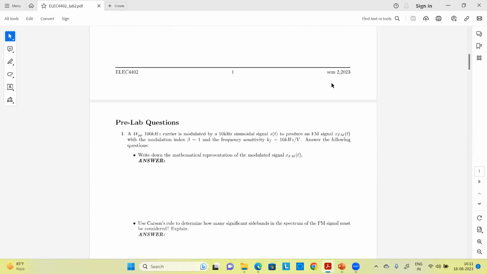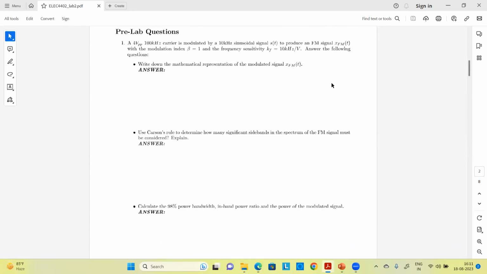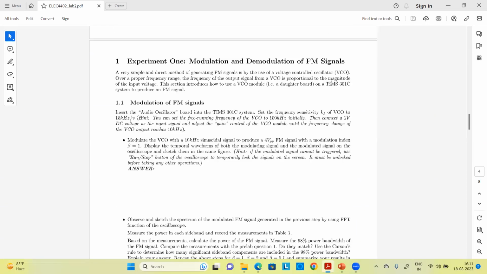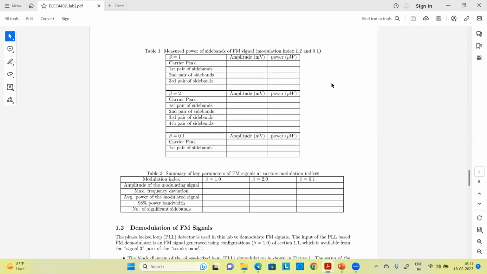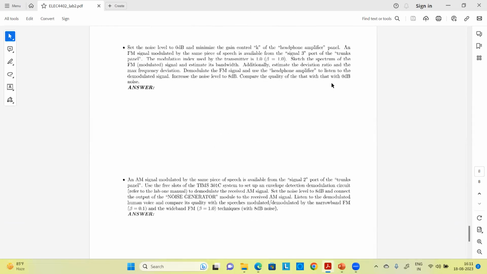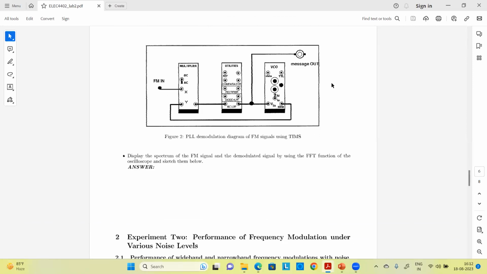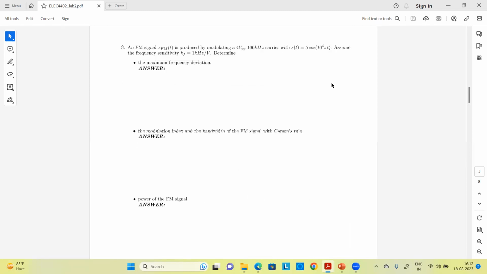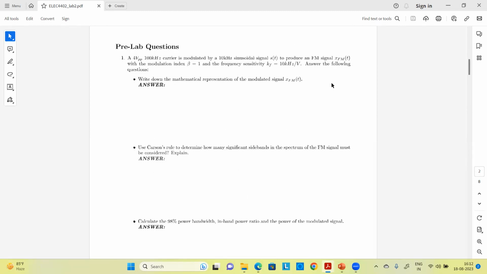I can make you solve the problems which are over here, and give you a brief idea about the concepts, like the demodulation technique you're seeing here. But the lab practical is something that you'll have to do in the lab. That I can't help. But the formulas and the concepts and everything I can teach you properly.